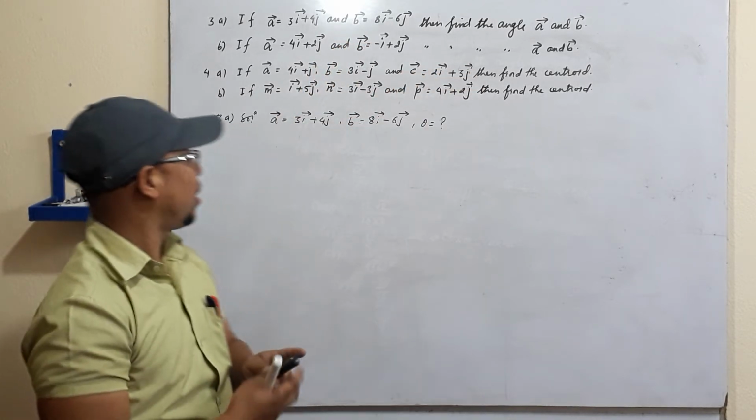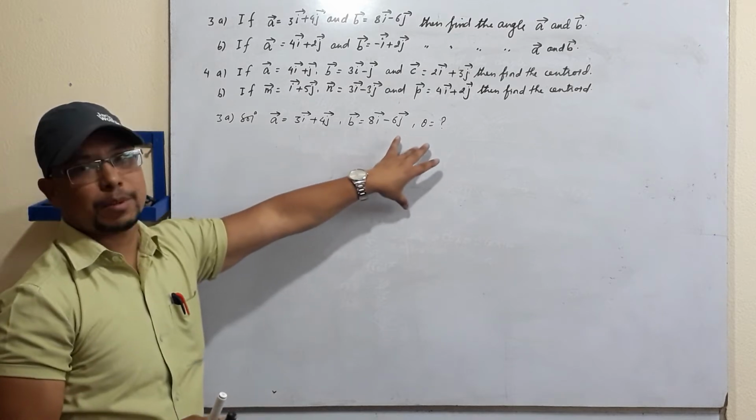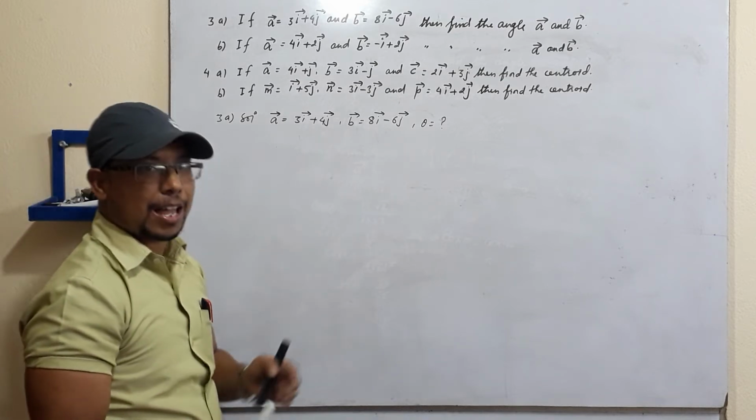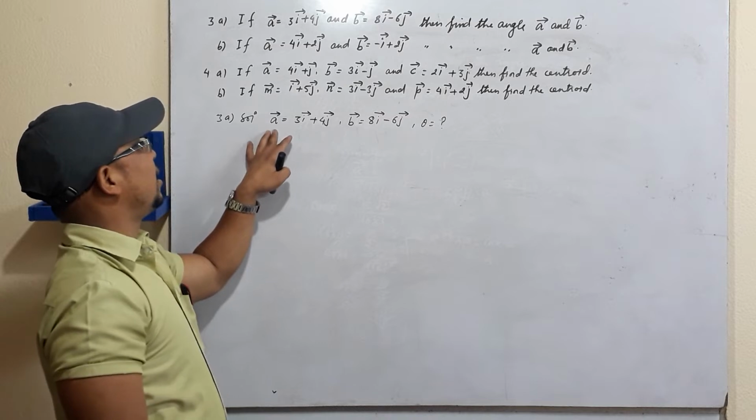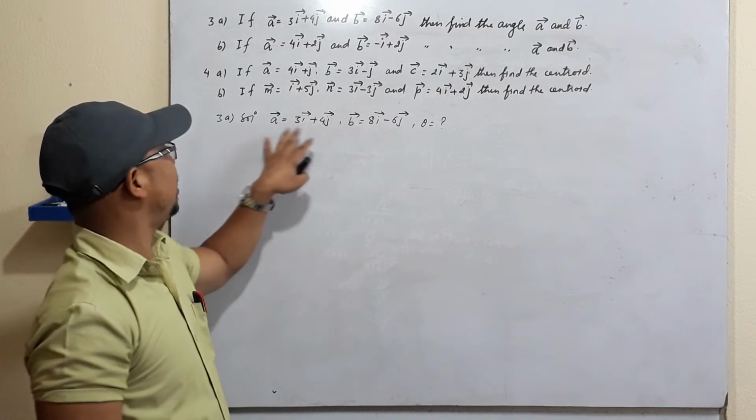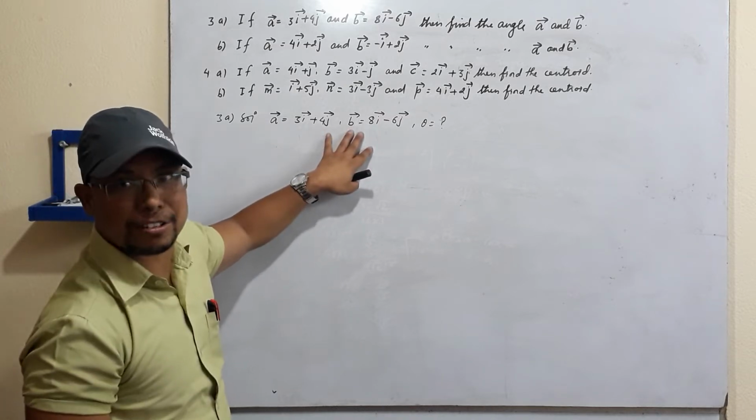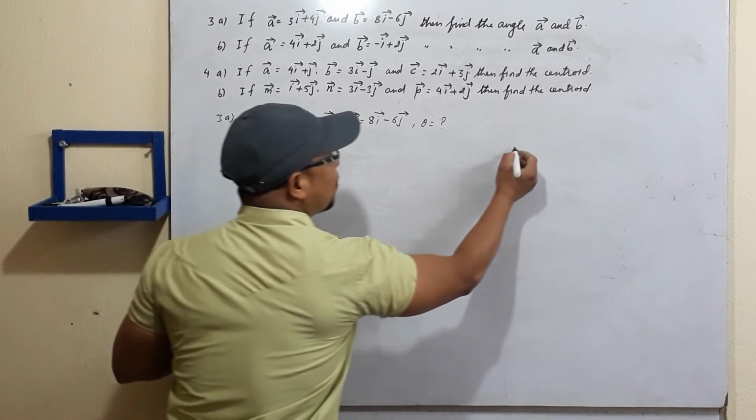Now in this case vector A and vector B are given and we have to find the angle between them.